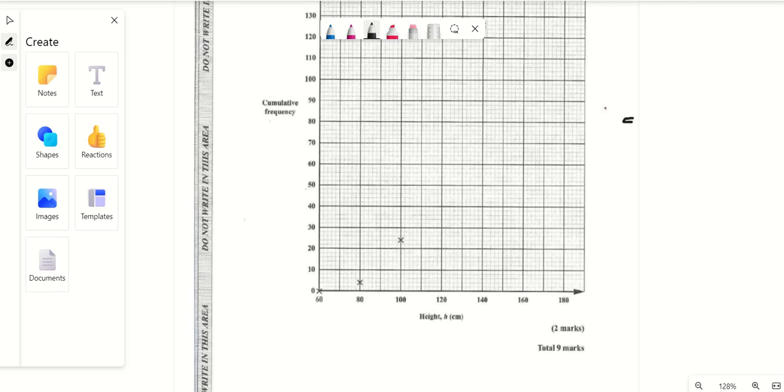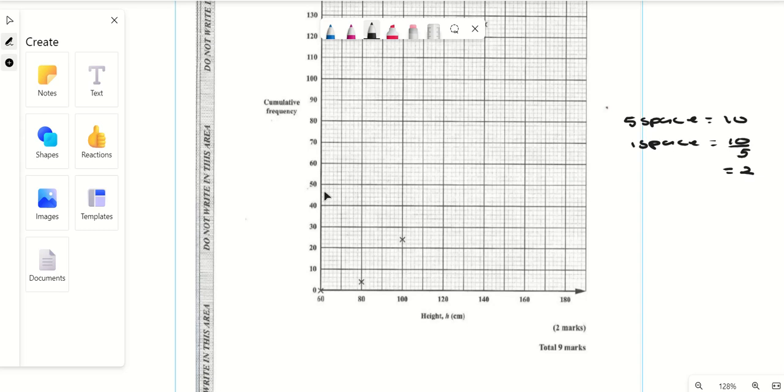If 5 spaces is equal to 10, then one space would be 10 divided by 5, which is equal to 2, right? So we are looking for the first value, which was 59. This is 50. We know this first box is 52, 54, 56, 58. So 59 is going to be right below 60.